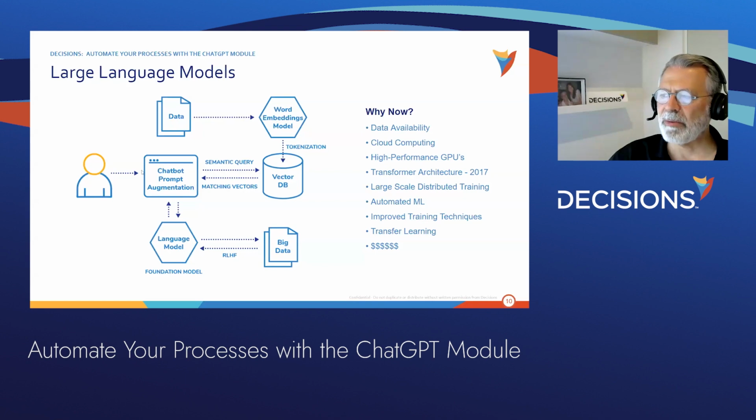So we've probably all played with ChatGPT, and ChatGPT is what they call a foundation model, and they've built this with a lot of big data, with reinforcement learning with human feedback, to build this language model that people interact with. So when you're asking questions, you're interacting with that.